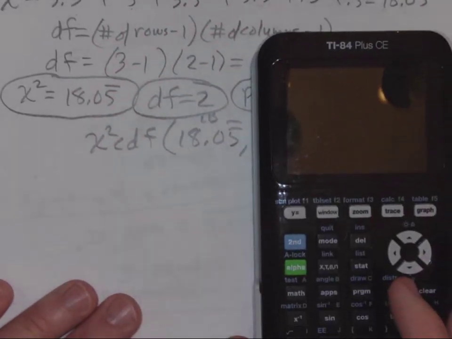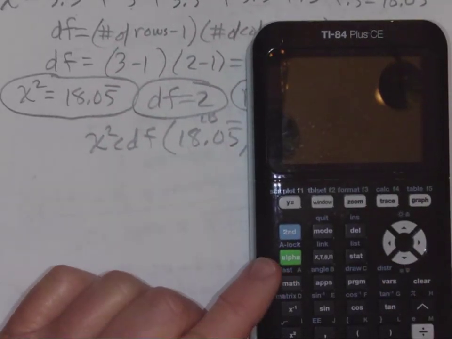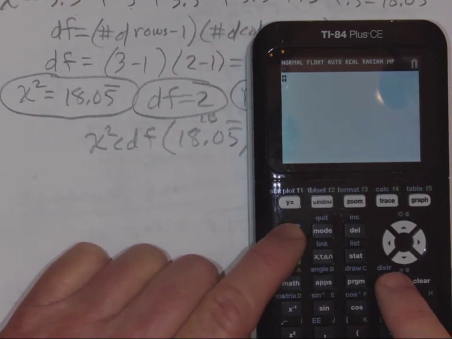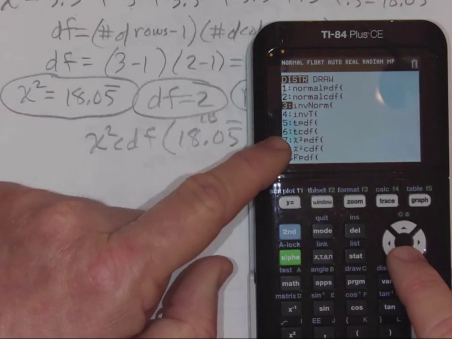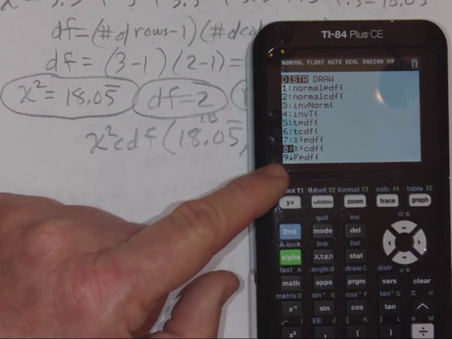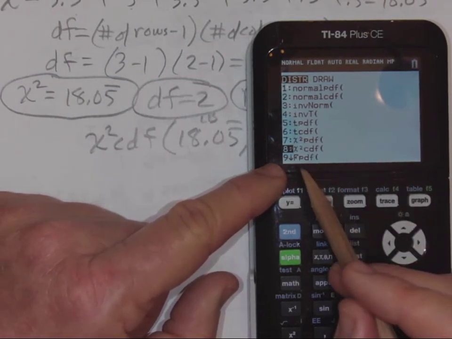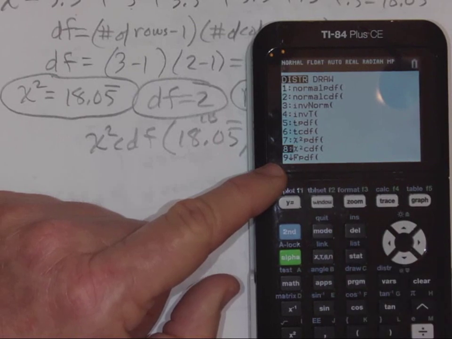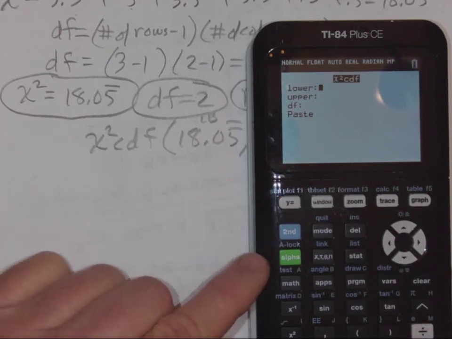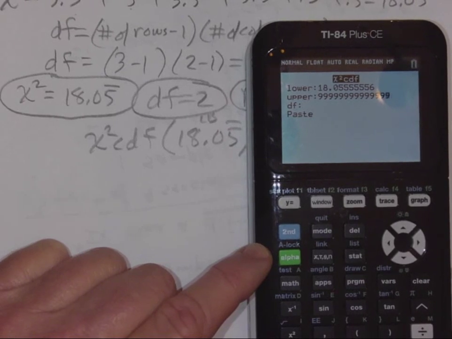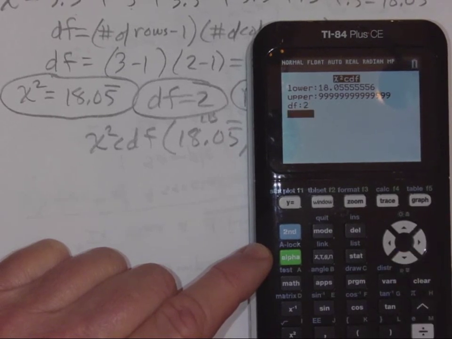Let me remind you where this is. We go to second distribution, just like we do for normal CDF or t-CDF. There it is, chi-squared CDF. We'll never use chi-squared PDF, by the way. This is the chi-squared cumulative density function. We hit enter. Our lower value is 18.055556, upper value is infinity, so we'll just hit 9 trillion or something, and our degrees of freedom is 2.